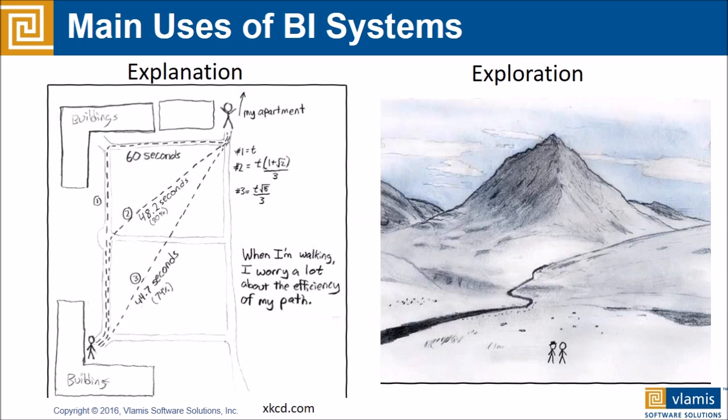One of the things we wanted to talk about then is when you're looking at BI systems, they're traditionally used for really two types of uses. This is a way that we at Vlamis kind of look at things. The traditional way of using answers and dashboards is kind of via this explanation type of way of looking at things.